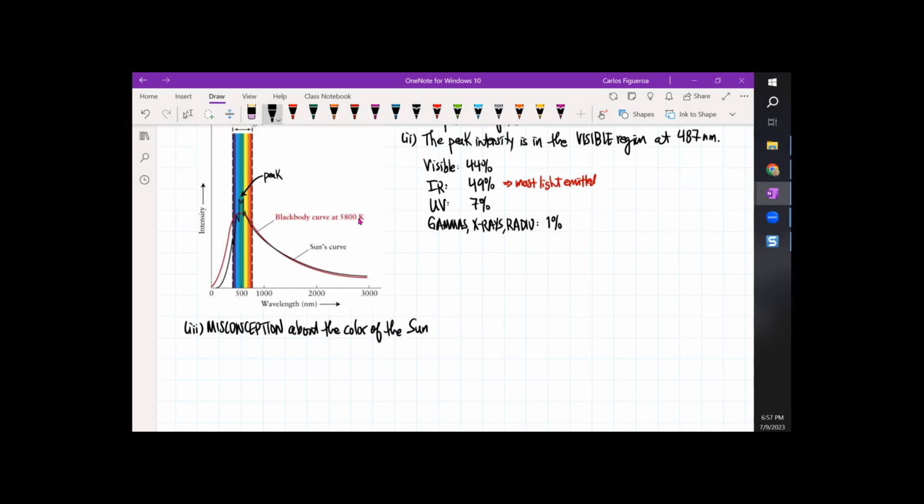So the question that we should ask here is, what is the color of the sun? The misconception is that it's yellow or orange or even red. So what we should do here is define what we mean by color. So here's a good definition that you should have.